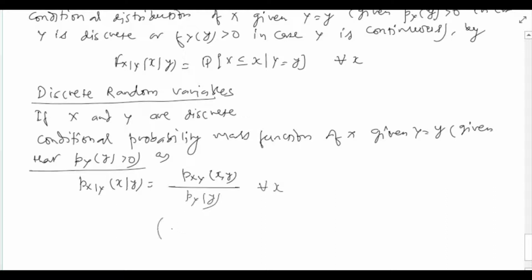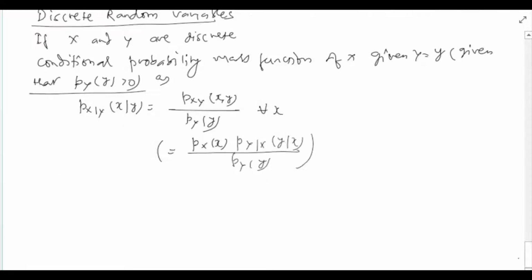Notice that the right hand side can also be written using Bayes rule as follows. It can be written as p_X(x) p_{Y|X}(y|x) divided by p_Y(y). This is Bayes rule for discrete random variables.